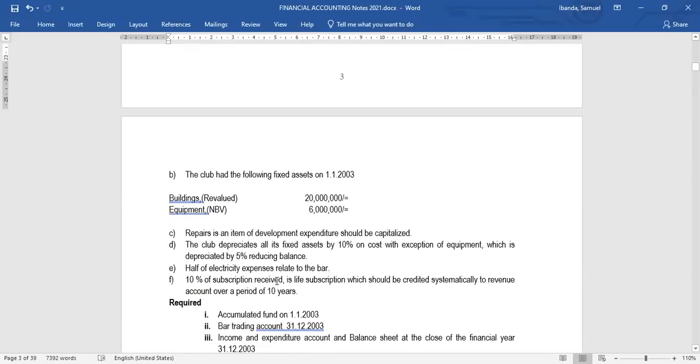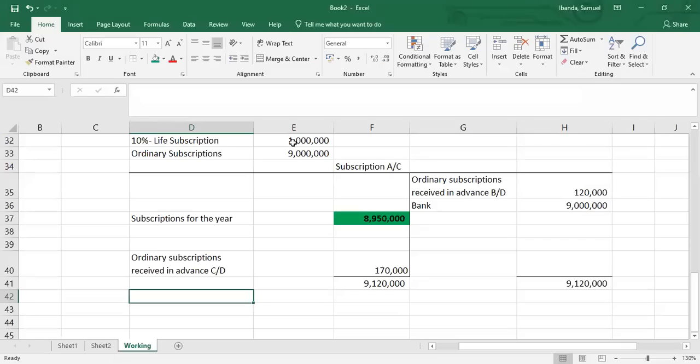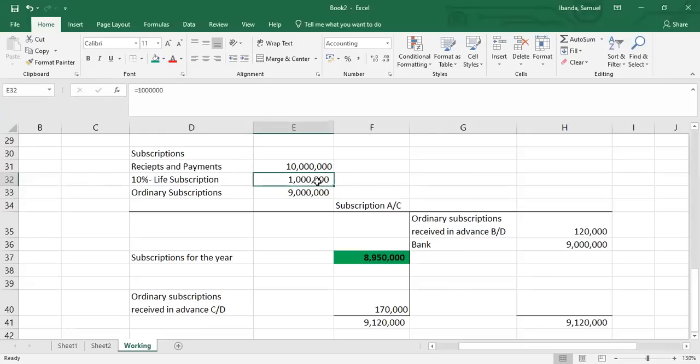They said 10% of the subscriptions received is life subscription, which should be credited systematically to the revenue account for a period of 10 years. Now, since we are already in year one, remember these subscriptions were received in this year. So part of what we just calculated here, part of this 1 million should be recognized this year, okay? Part of the subscription should be recognized this year.